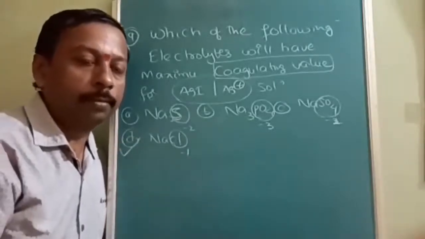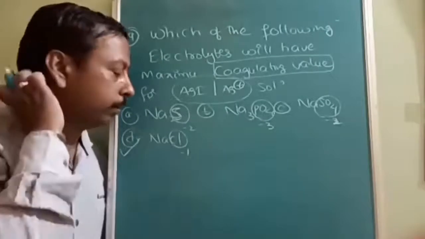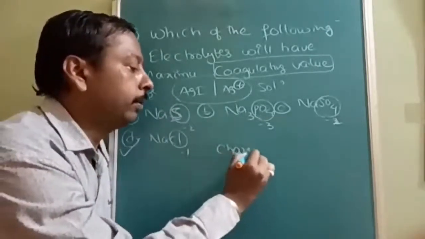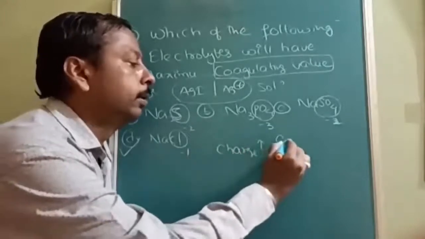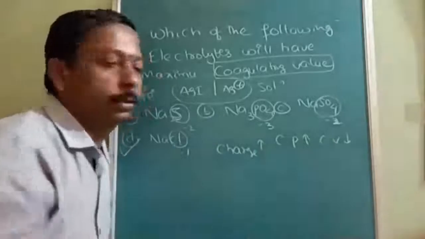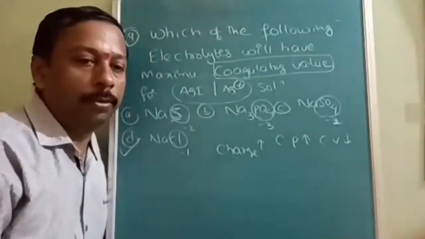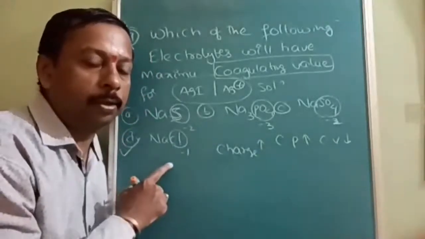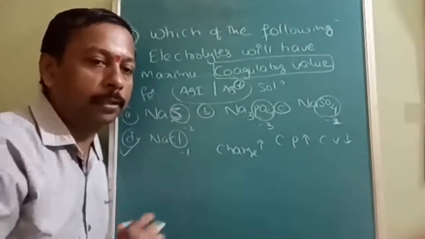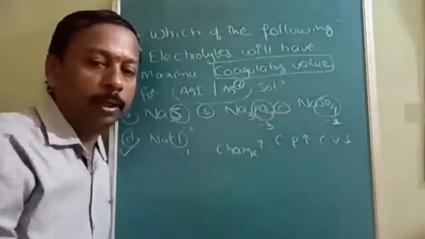That's why NaCl is the answer. Always remember: as effective ion charge increases, coagulating power increases and coagulating value decreases. So here charge is lowest, coagulating power lowest, coagulating value highest for NaCl. The question is about the coagulating value.